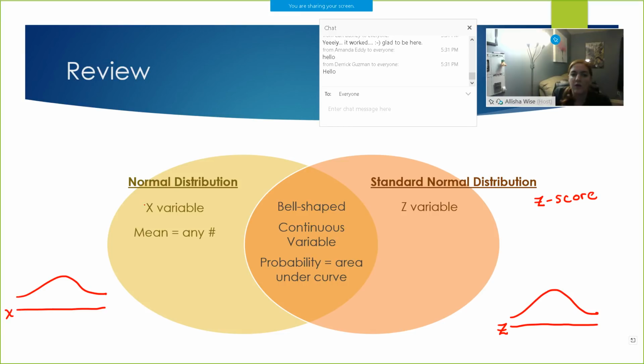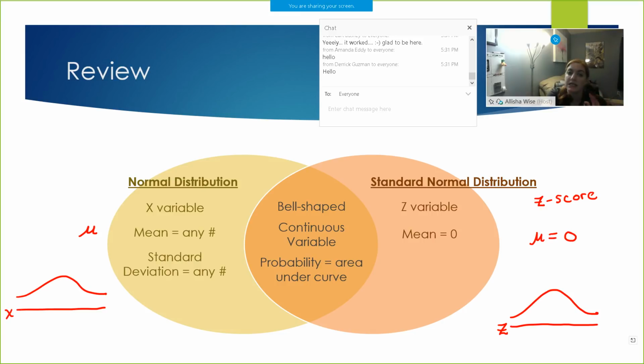And for normal distribution, the mean can be any number. That has to be given to you. So the mean would be your mu, that symbol population mu. So they would give you the mean of the data set. Whereas standard normal is always a mean of 0.